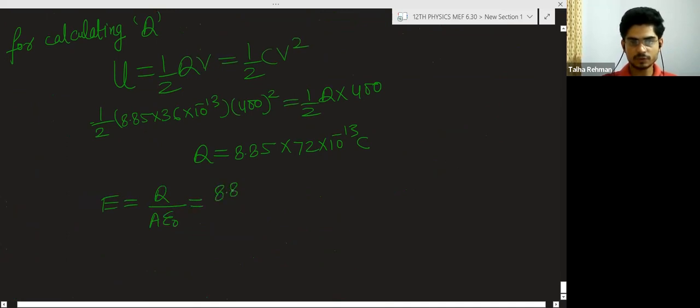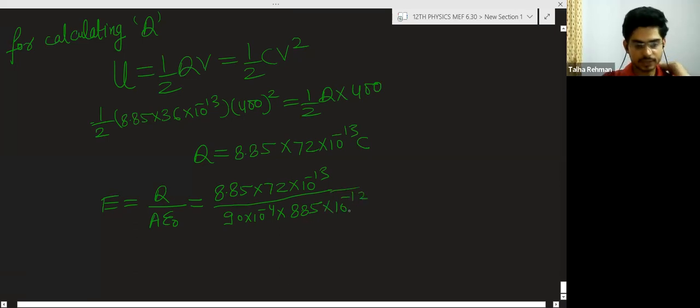Put the value of Q, 10 to the power minus 13. Area is 90 into 10 to the power minus 4, and epsilon naught is 8.85 into 10 to the power minus 12, and the electric field will come out to be 800 volt per meter.